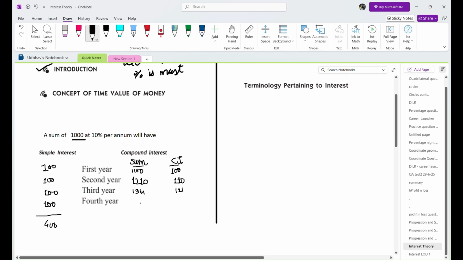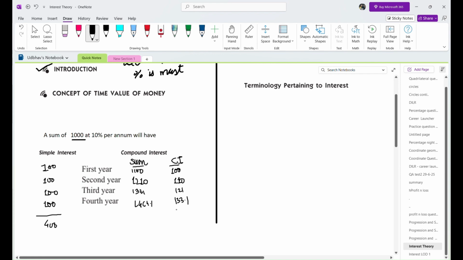And at the end of the fourth year, we'll calculate the compound interest on this 1331 rupees. So that will be 133.1 rupees, and when we add it, we'll get 1464.1 rupees.